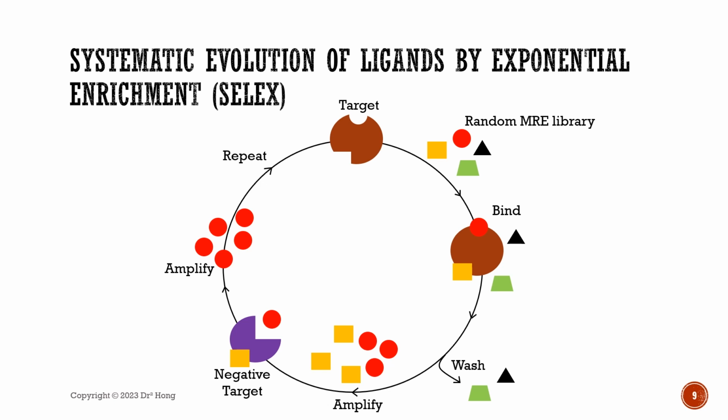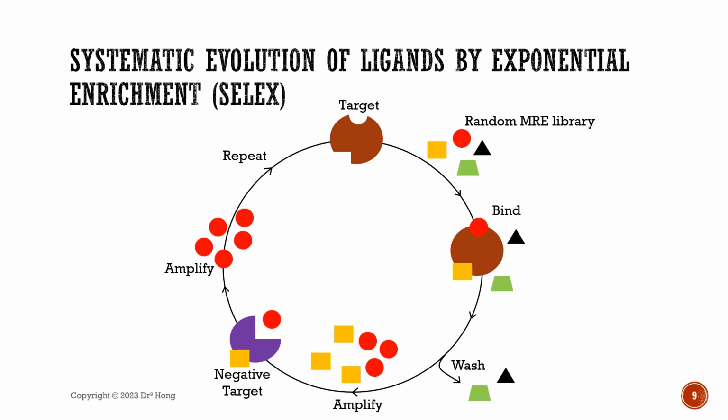Now, a similar process can be added into the whole SELEX process to incubate with a so-called negative target, or a target that we do not want to bind. Those that bind to the negative target are removed, and those that do not bind to the negative target are retained and amplified similarly.